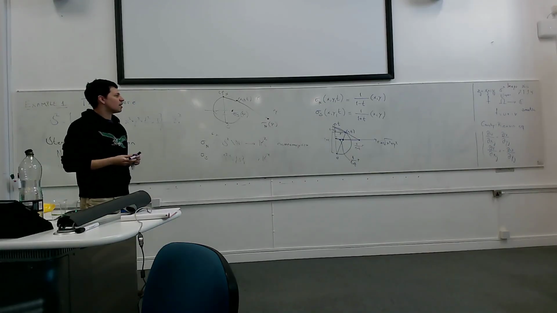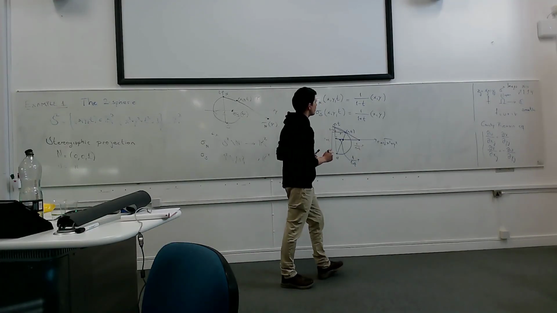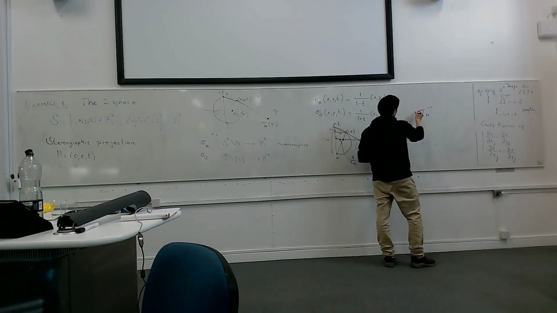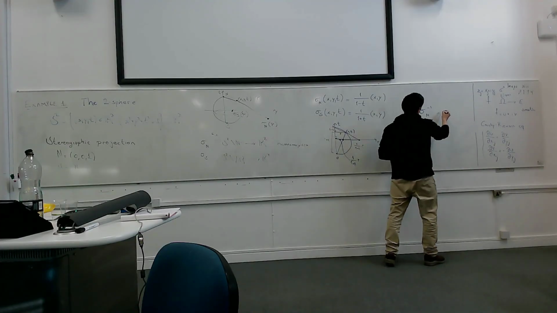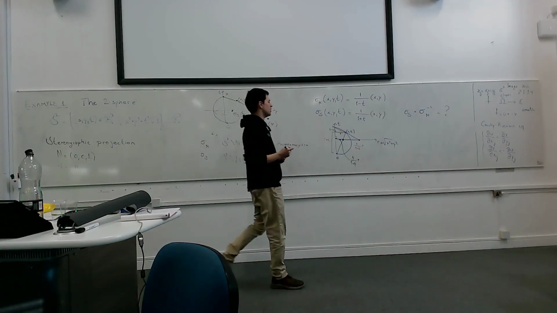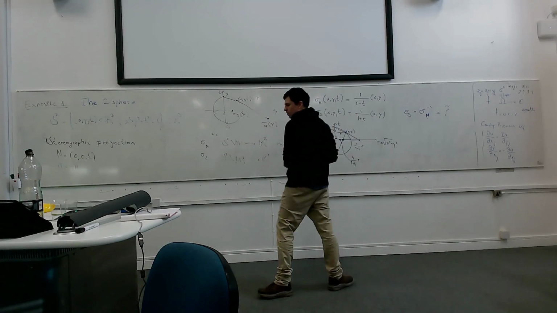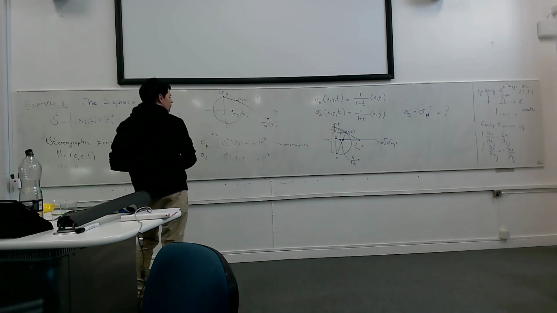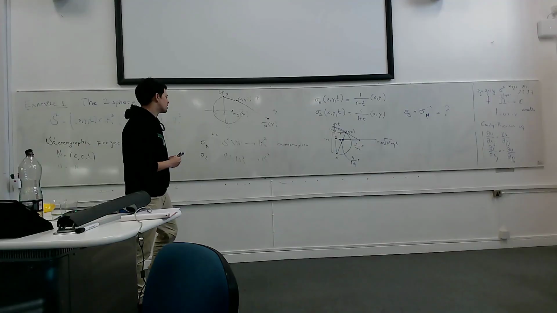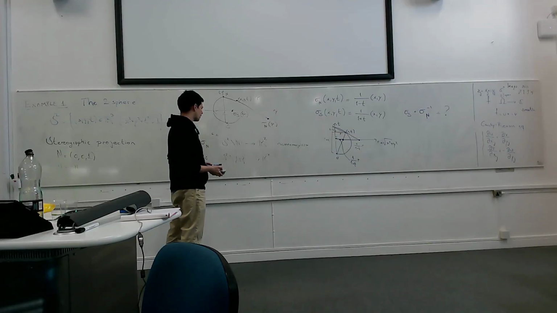And now we want to do the transition map. So we want to know what is this. We want to calculate the transition map. To calculate the transition map, let me just do the calculation now with the complex numbers.